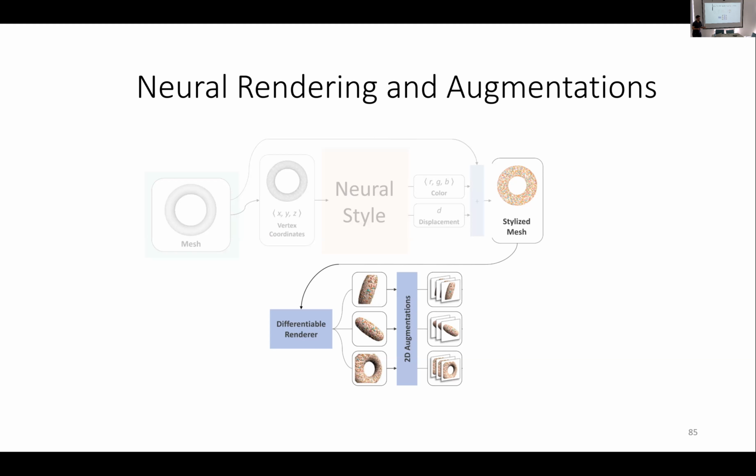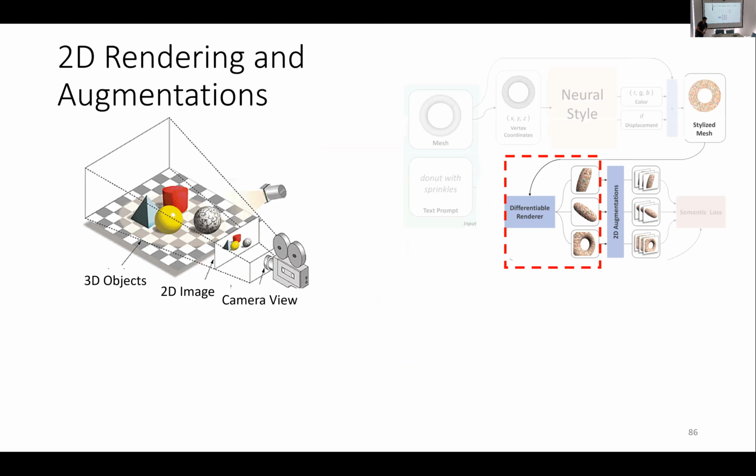Now the next stage is what I call the neural rendering and augmentations component. We have a 3D mesh and we want to convert it to a 2D representation. One way to think of it is that we can simply rotate the camera and take pictures of it from multiple views.